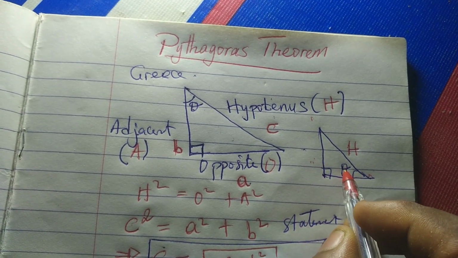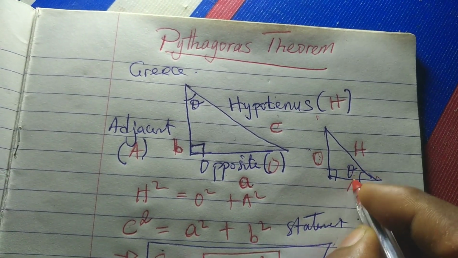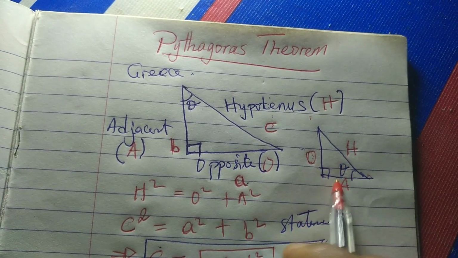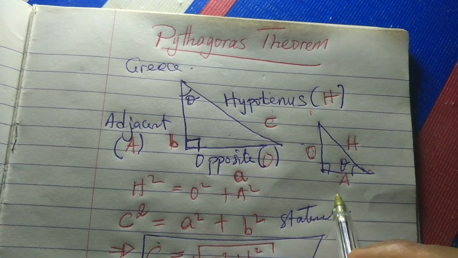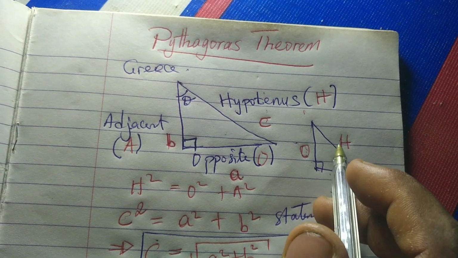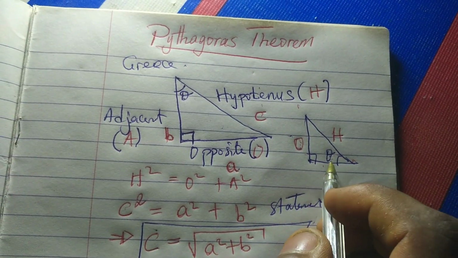We are looking for the side that's opposite to the angle, and the adjacent will now become this one. So we now see that the opposite and the adjacent will alternate depending on the position of the angle theta.